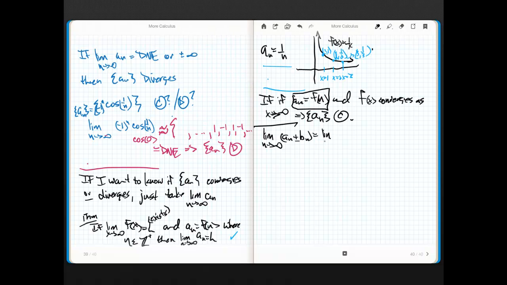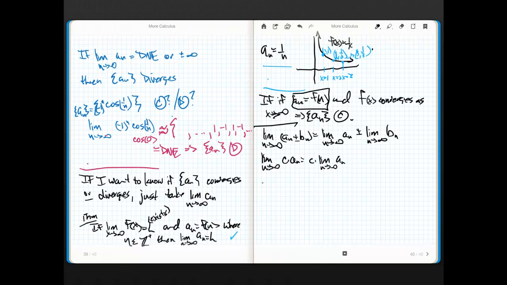So the limit of the sum is the sum of the limits. So all those nifty little tools that we discovered about limits back in differential calculus, we now get to apply, which is awesome. Again, limit as n goes to infinity of c times a sub n is equal to c times the limit as n goes to infinity of a sub n.